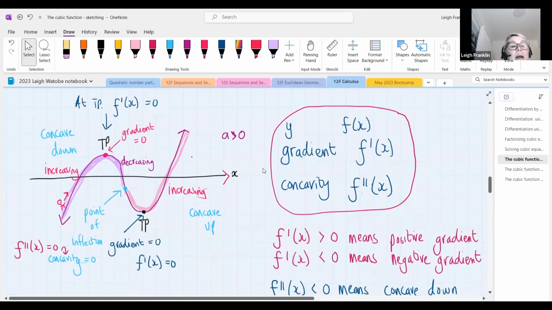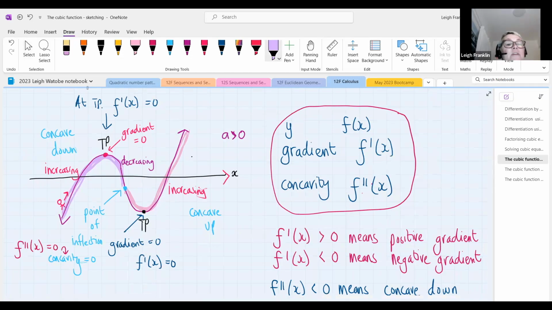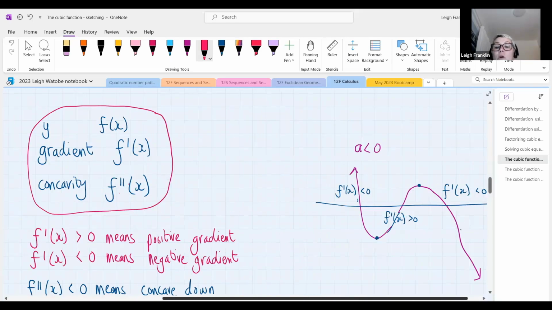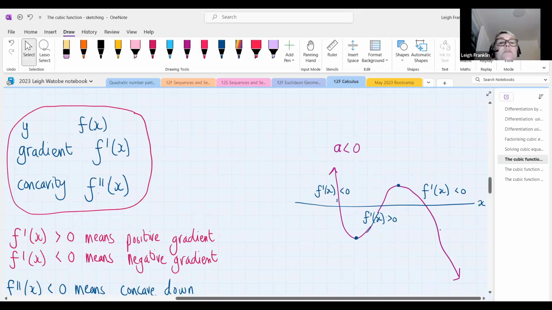If we go back up here, this turning point over here that's in pink, that would be your local maximum. And this one over here in black, that would be your local minimum. Similarly, if you were talking about a graph that was this shape, this point over here would be your local minimum.